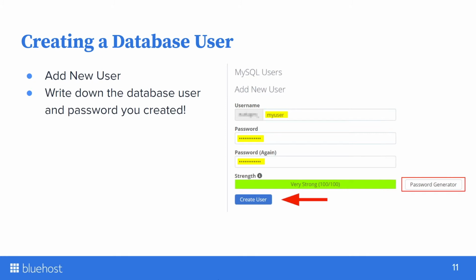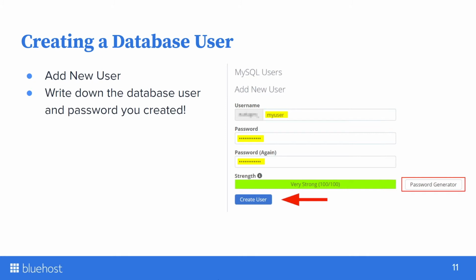Just make sure that whatever username and password you create, just like the previous step, you save these details either in a separate Word document or on a piece of paper so that you're keeping track of what your password is and what your database username is.